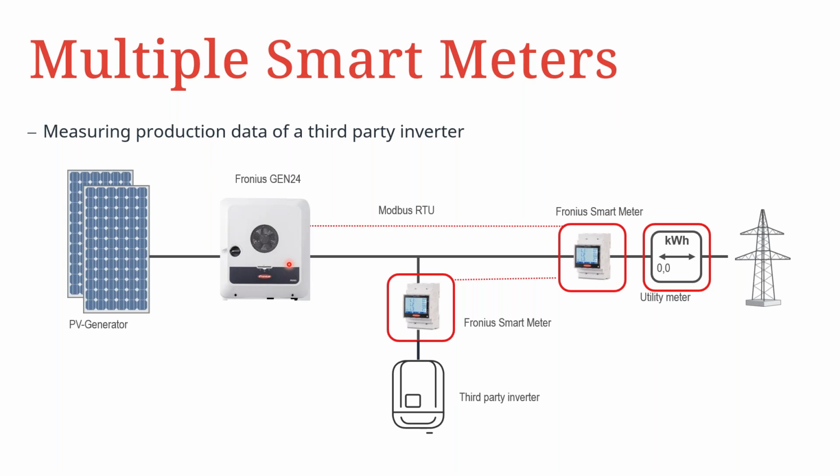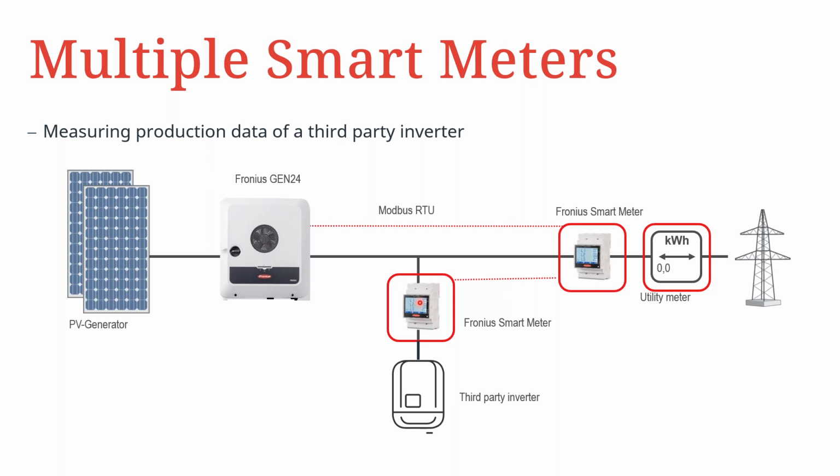It's also possible to use a smart meter for measuring, for example, if you have done a setup or integration of a third-party inverter into a Fronius powered system, or you have integrated a Fronius solution into an existing third-party inverter solution. Then you can position a smart meter next to the third-party inverter to be able to measure the power generation of this third-party inverter.